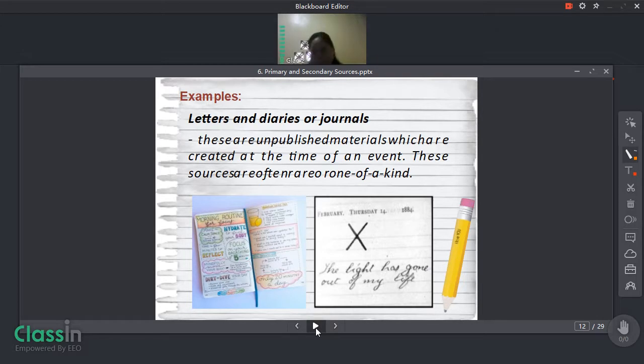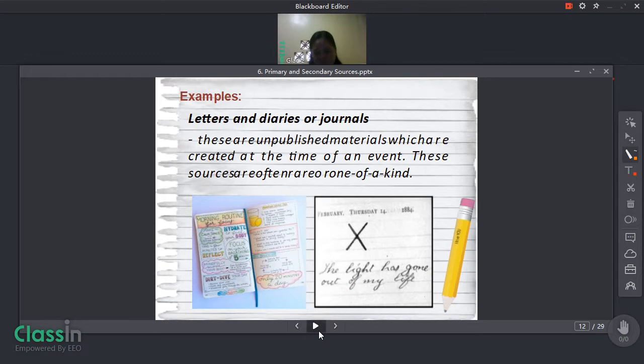For example, whether it is a love letter, friend letter, business letter, or application letter, if it is written by you, that is a primary source of information. Even when you are jotting down what happened to you that particular day, writing your diaries and journals, that is also a primary source.